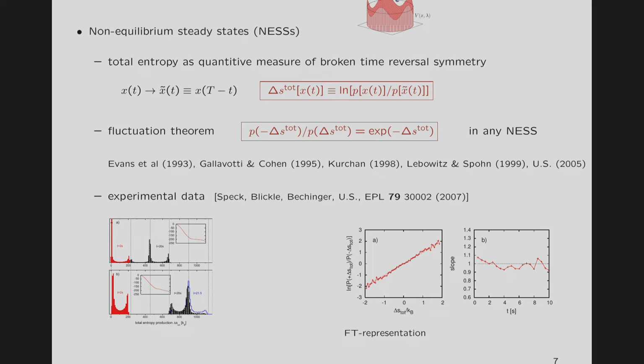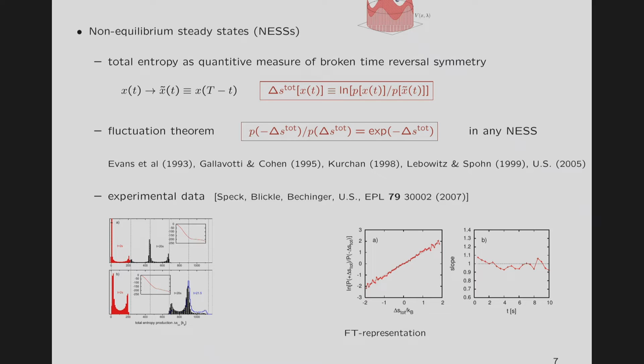And then there was a major insight of finding, first numerically and then theoretically understood, that in such a steady state, if you measure entropy production or identify it along a single trajectory, this distribution then obeys this kind of symmetry, which is called the fluctuation theorem. And that's one of the pillars of the field.